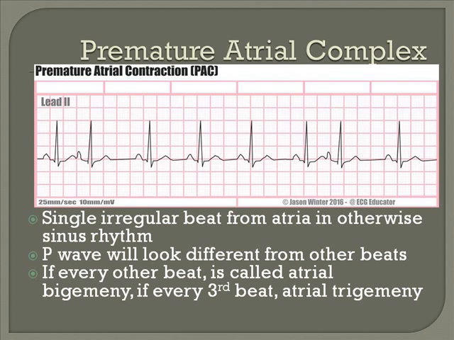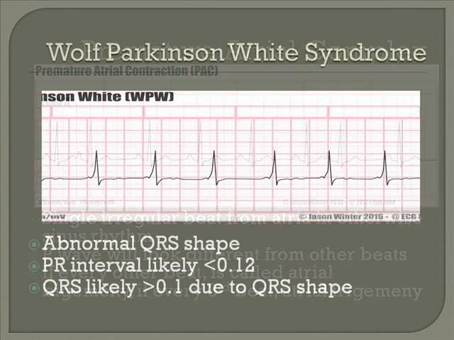And if it occurs every 3rd beat, it's called atrial trigeminy. Remember, the bi in bigeminy means 2, like a bicycle, and the tri in trigeminy means 3, like a tricycle, has 3 wheels.